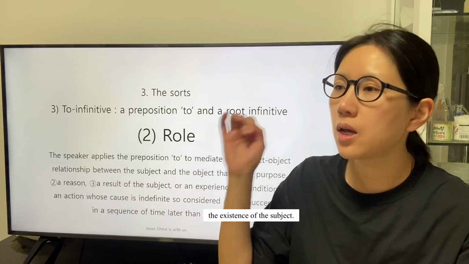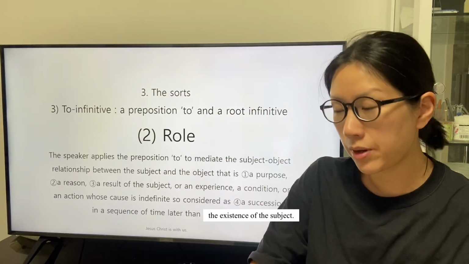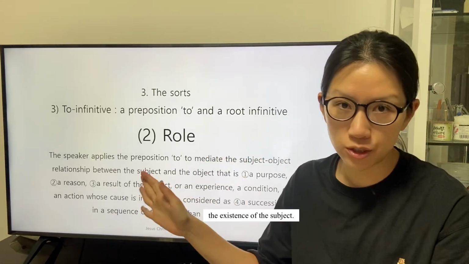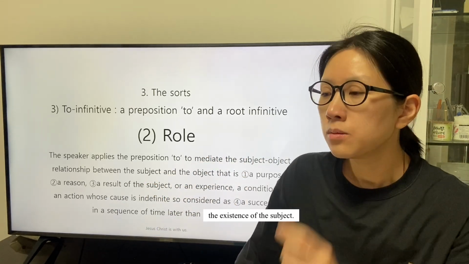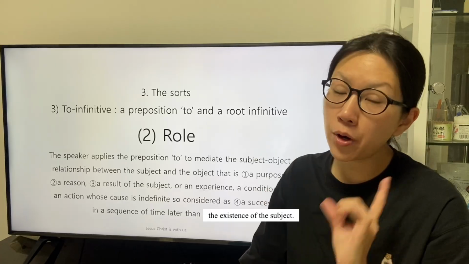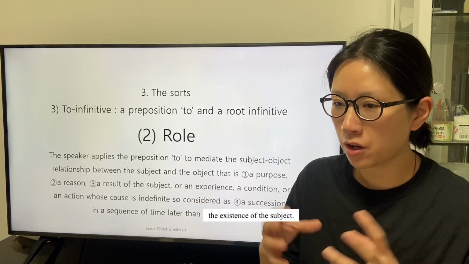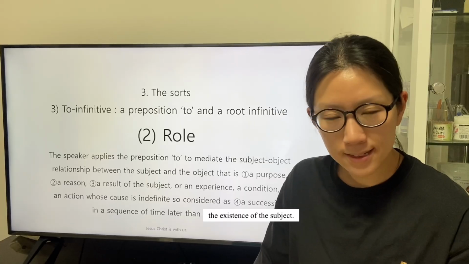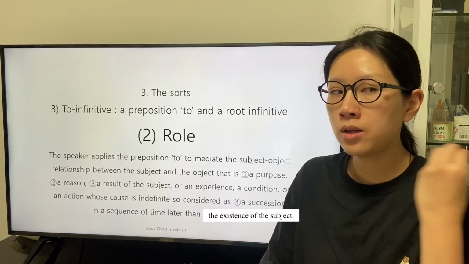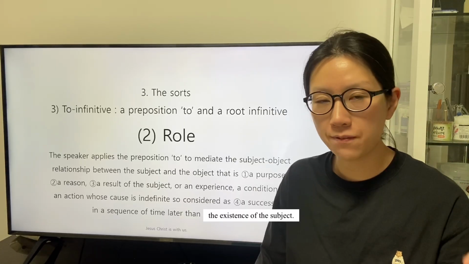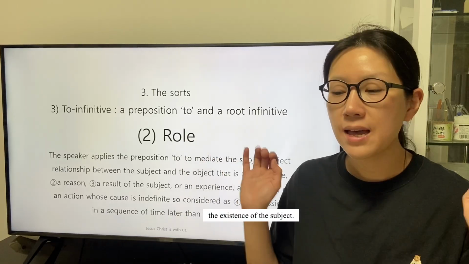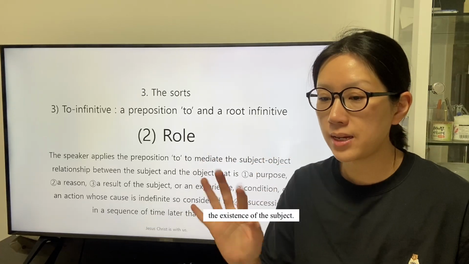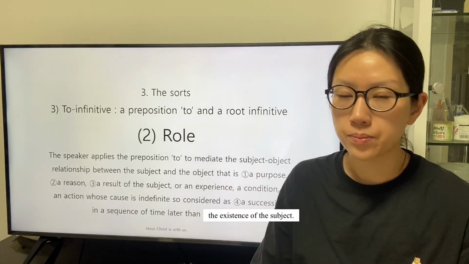To describe an experience, a condition, or an action. The point in time when the definition of the preposition to is actualized relies on the point in time when the definition of the verb in the clause that the preposition to is applied to actualizes.